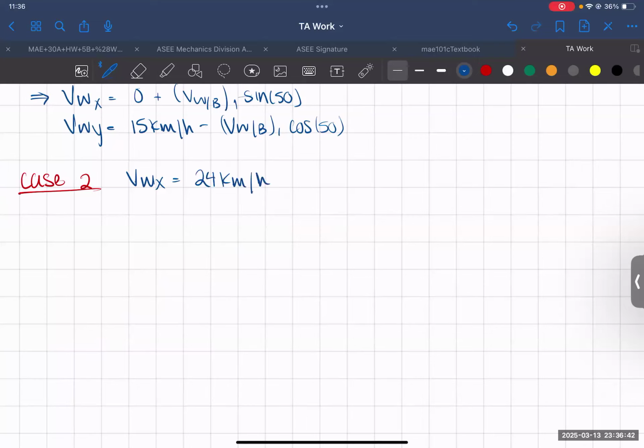That's the direction the boat's traveling to, minus velocity of the wind with respect to the boat, case 2, cosine of 50. Velocity of the wind, Y equals 0 minus velocity of wind and boat 2.